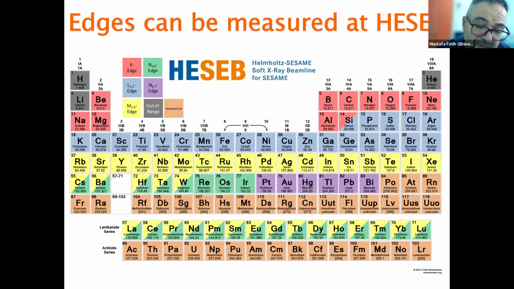But in SESAME, we don't have any other beamline. At the end, I strongly recommend that we get in contact and make a meeting. Even when you look at the literature, you can see the phosphorus L edges. If it works for you, I'll be happy to get in contact and talk with you.